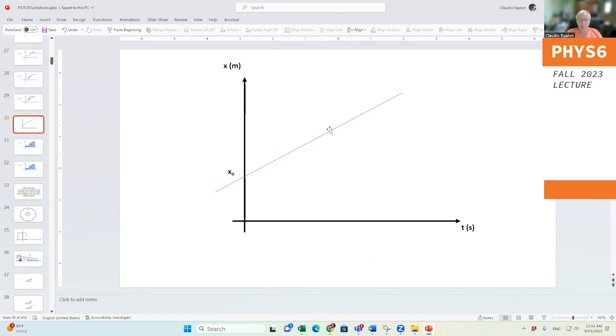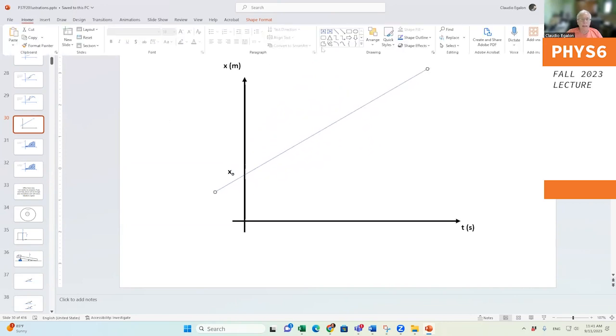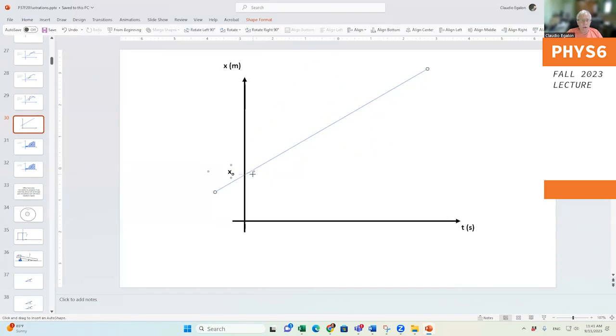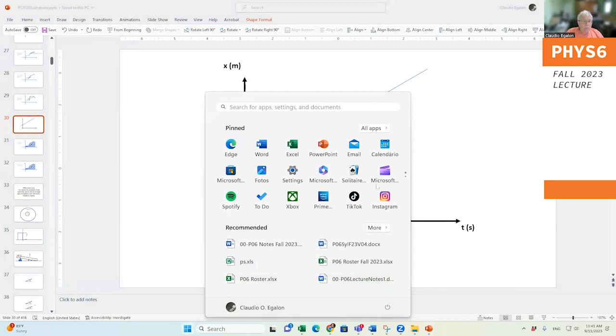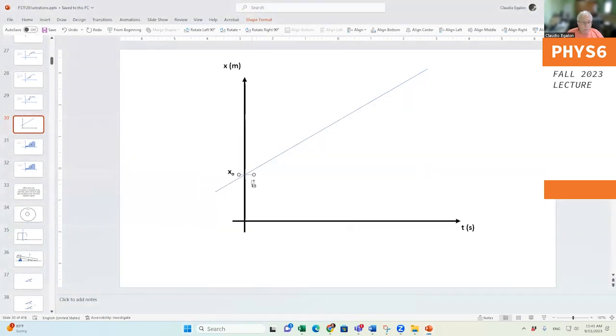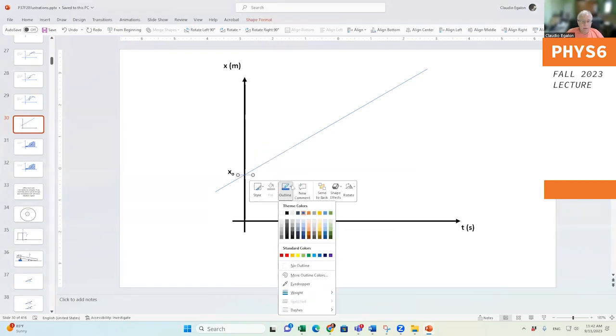The steeper the slope, the faster the particle moves. Let me get a little notch here, and I'm going to make it a little bit thicker.